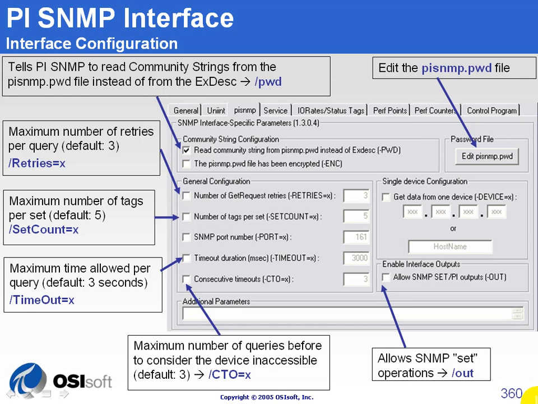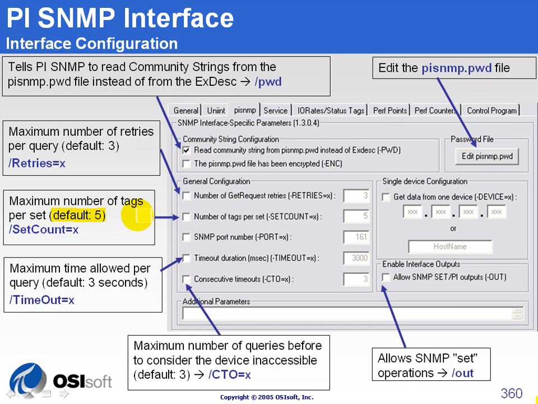There are several parameters that are specific to the PI SNMP interface and that will work in conjunction with the plugin to configure tags that we'll talk about in a couple of pages. For example, in the plugin, you'll be able to tell the interface to regroup tags. When you regroup tags, in ICU here you can set the maximum number of tags per set. By default, it is 5.